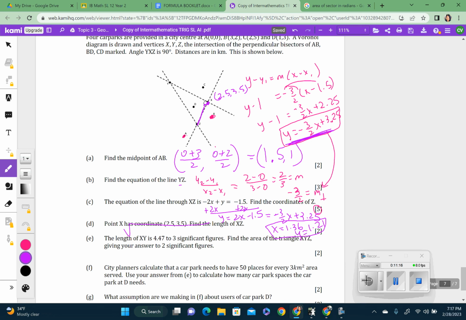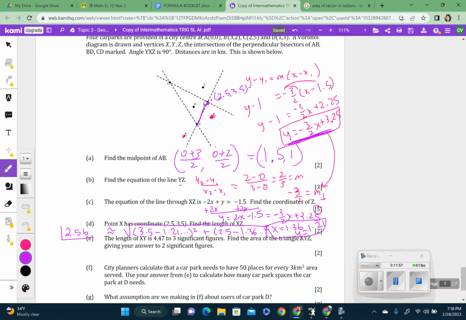So it's going to be parentheses 3.5, which is this number right here, minus, and I'm going to do the y coordinate here, which is 1.21, all of that squared, plus the 2.5 minus our 1.36 number that we got, squared. You hit enter in the calculator, and that gives you that the distance is about 2.56.